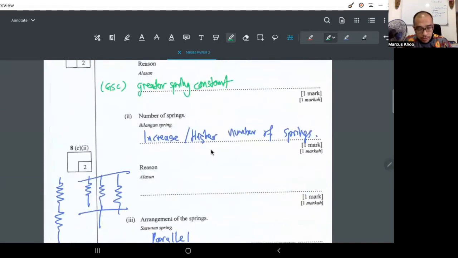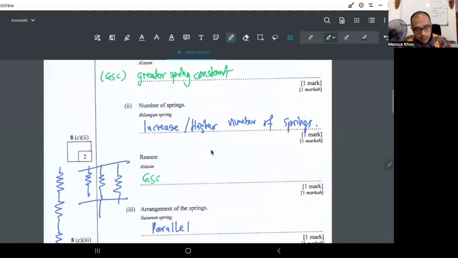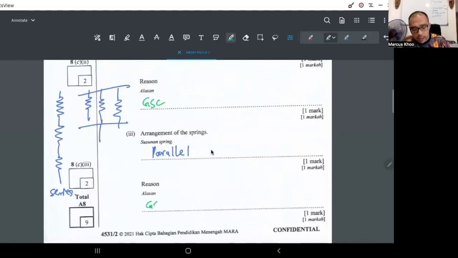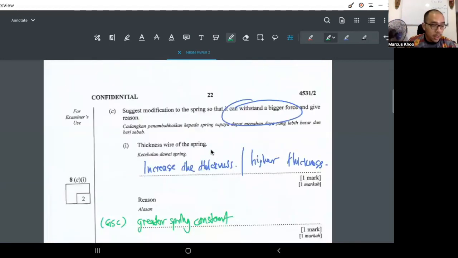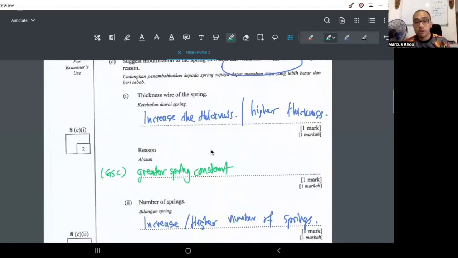So number of springs also GSC, the arrangement also is GSC. You can do that because all these answer the same thing. You increase the spring constant, which makes the spring stiffer. The greater spring constant can be used for all three, but I'm going to give you alternative answers in case you want to vary it.